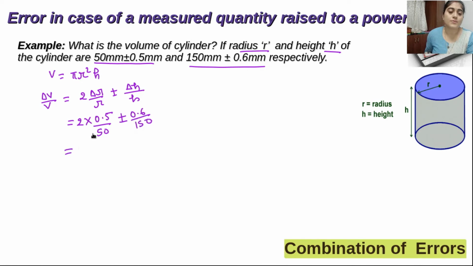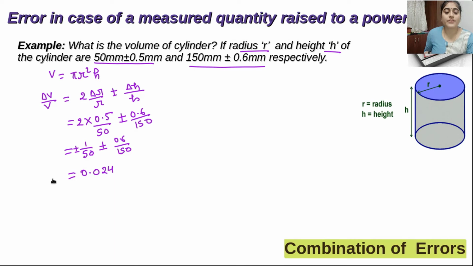So this will be 1 by 50 plus minus 0.6 by 150, which equals 0.024. So this is your error.